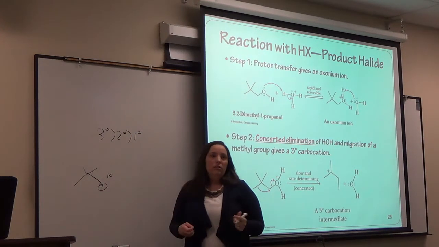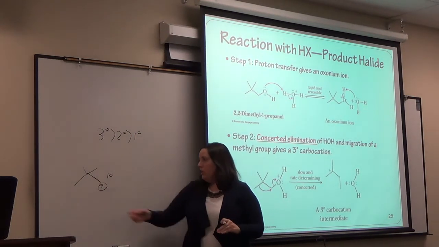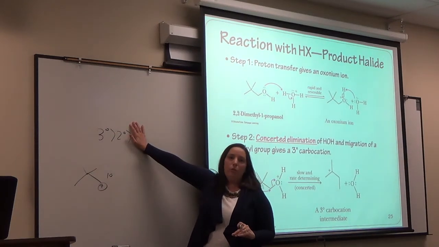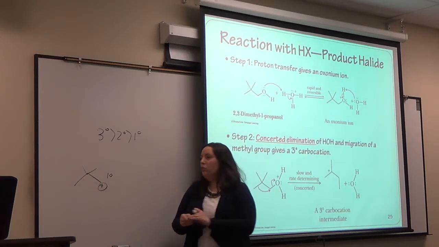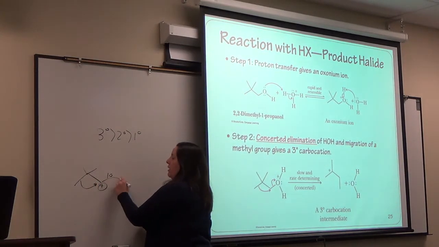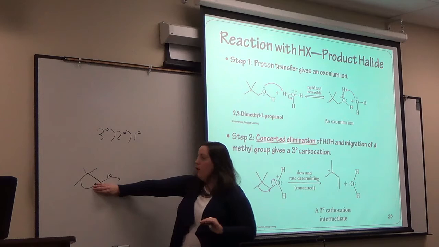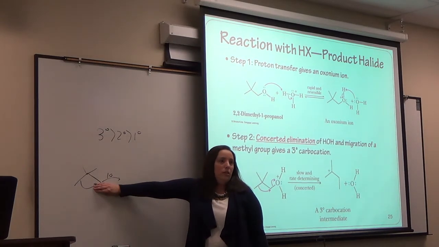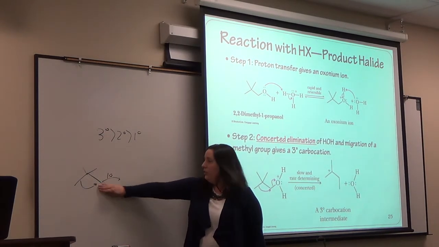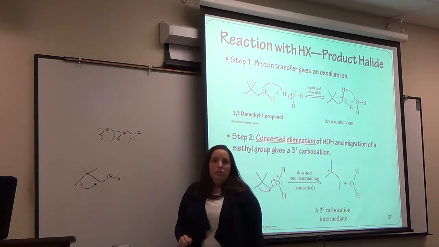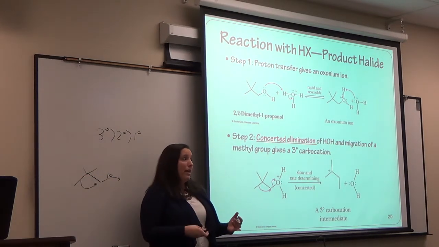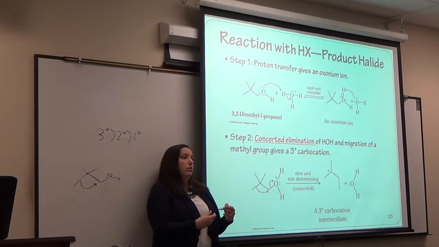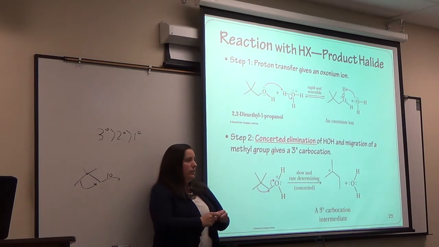So SN1, which forms a carbocation, doesn't occur for primary because of this. This is too unstable. So by doing the shift at the same time as the leaving group leaves, you avoid this ever happening. You just don't have this charge here. The charge shows up at the tertiary. So you're bypassing having that unstable primary carbocation. Does that make sense?